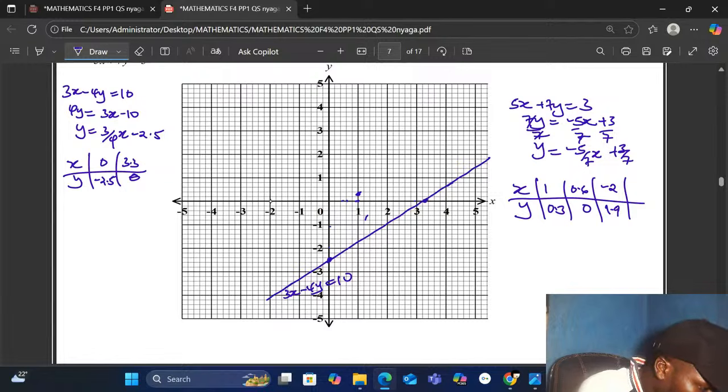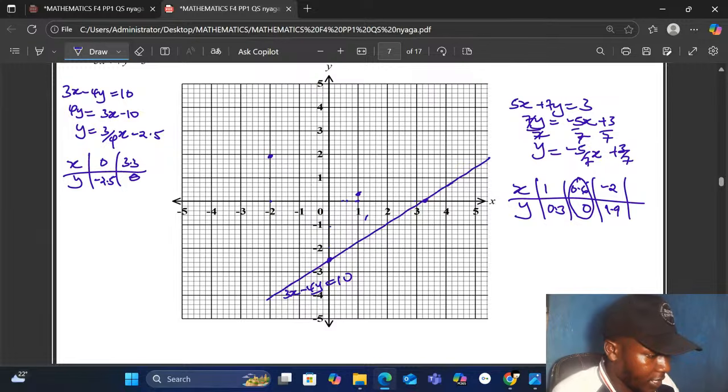Negative 2, then 1.9, is just here. I think we can ignore 0.6 and 0, so that we can still use the 2 points to have our straight line.